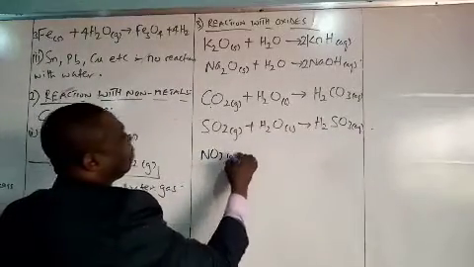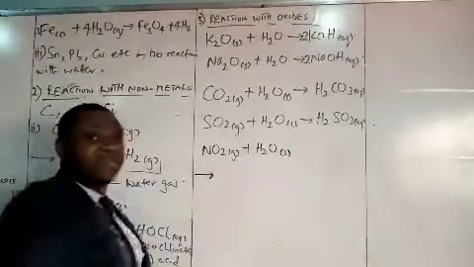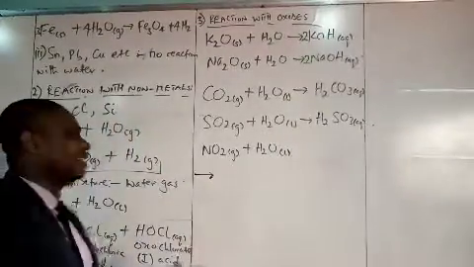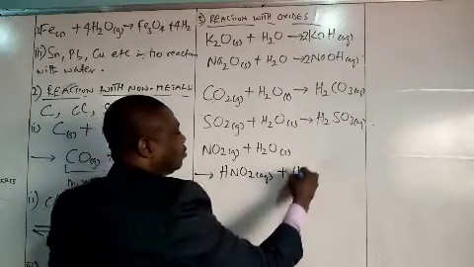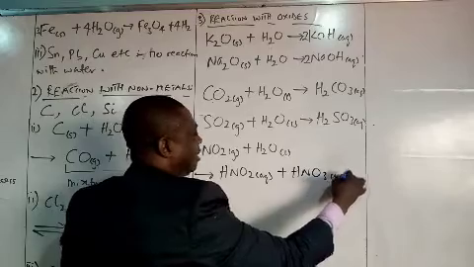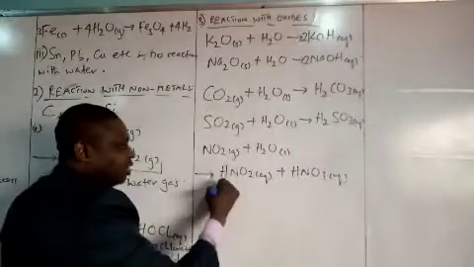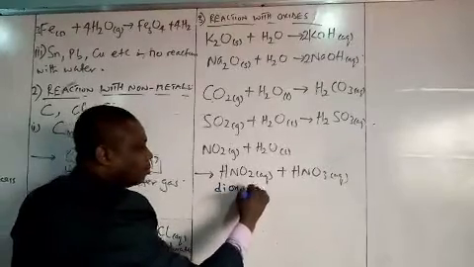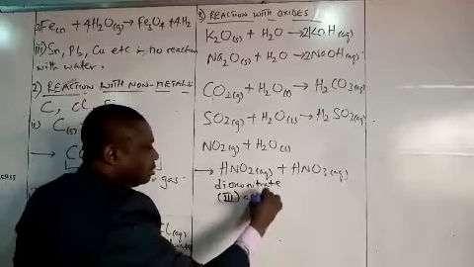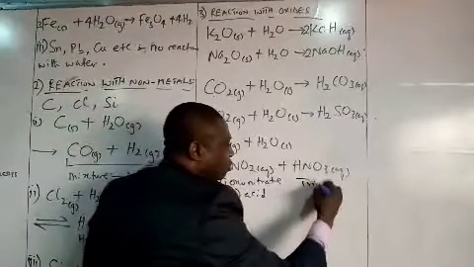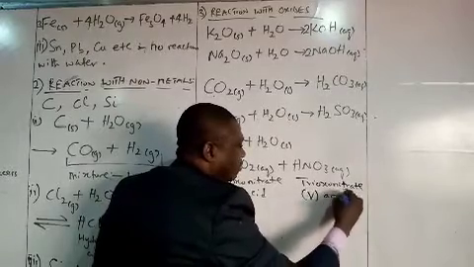Then if you bubble NO2 in water, in this case, this is quite different. It's going to form two types of acid. You're going to have your HNO2 and it's going to give you HNO3. Now I need to tell you what the names of these are. This will give you the dioxonitrate(III) acid, and this is your trioxonitrate(V) acid.